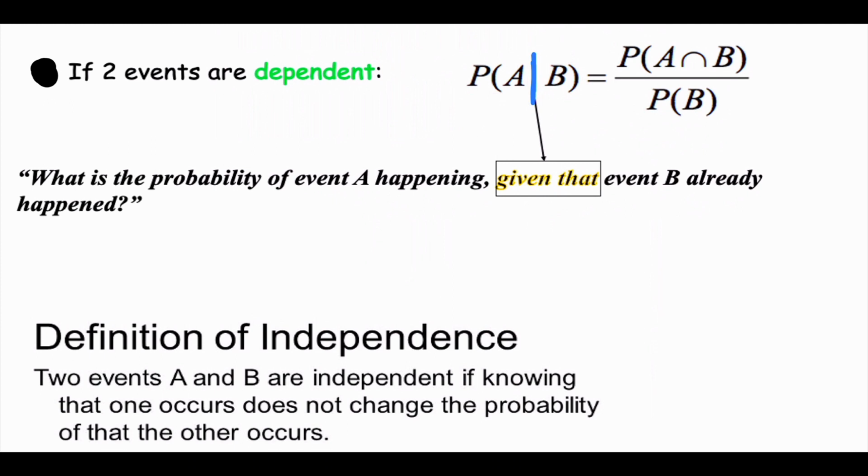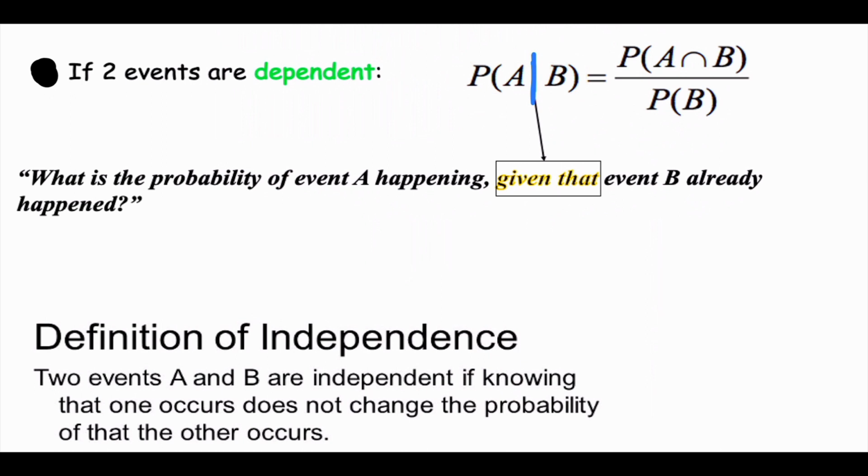B's already happened. What's the probability of me getting an A on the test, given that I studied? Or given that I didn't study, right? Something's already happened. So that's when we use given that.